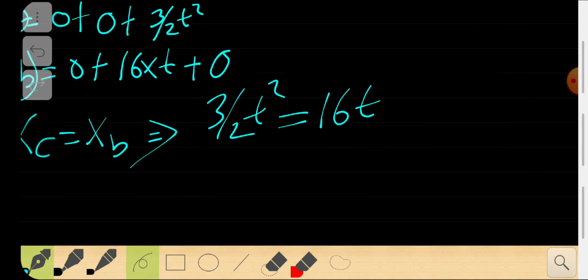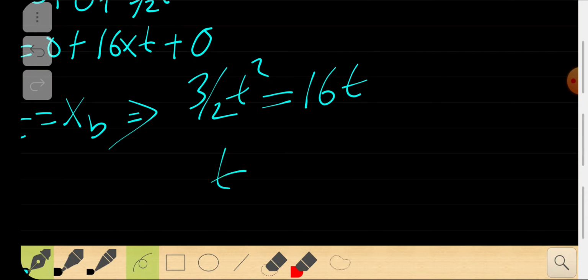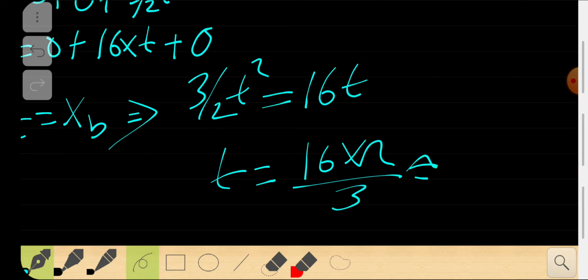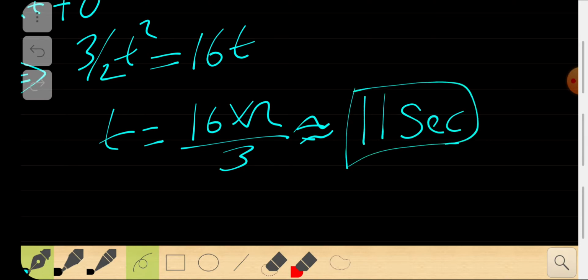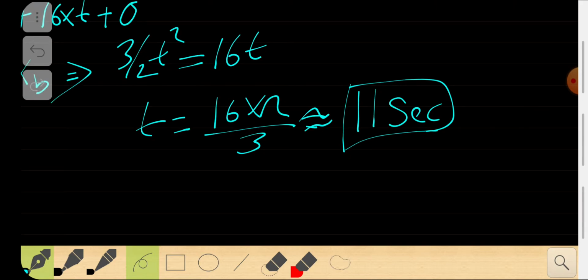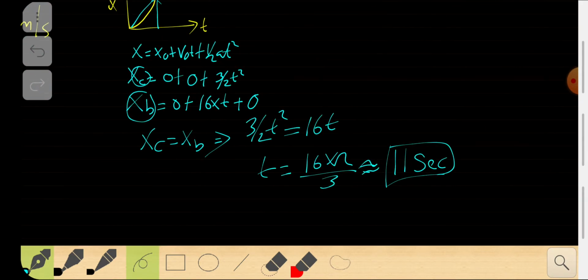So you can easily write down that t will be equal to 16 times 2 by 3, which is 32 by 3. So it will be around 10.6 seconds. You can approximate to 11 seconds. I'm doing an approximate method here. That's the time taken for this car to overtake.